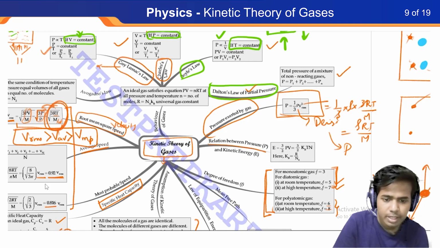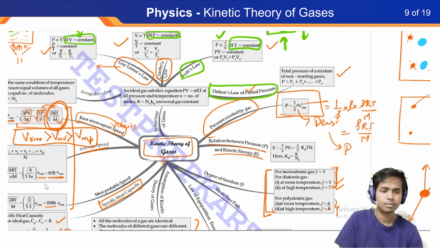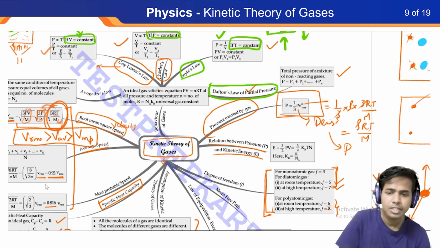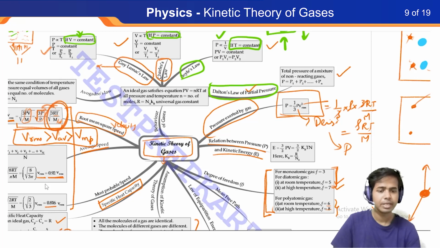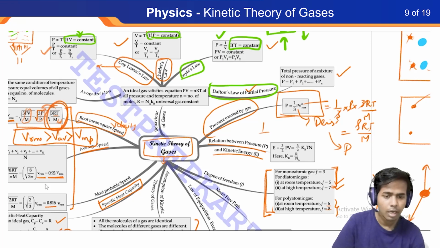the relation between pressure and kinetic energy. Kinetic energy you have already found, half mv square, where you can take vrms directly. So that will become 3 by 2 PV or 3 by 2 kTn, where n is the number of particles.